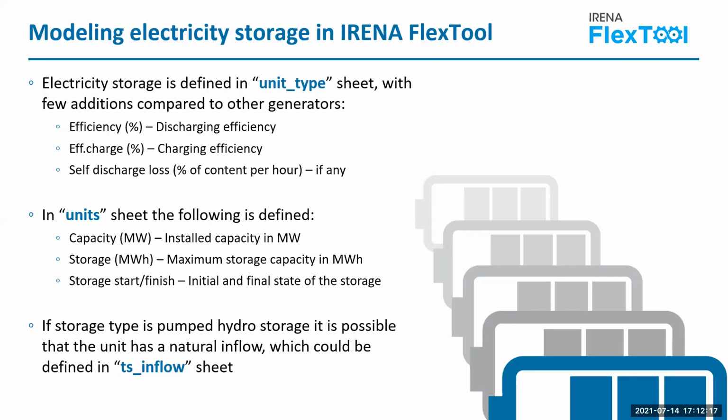Some of these fields are charging and discharging efficiency, which can of course be different. There is also the possibility of defining a self discharge loss, which is the loss that you have even when the battery is not in operation, which may have to do with the aging of the battery, but in general most chemical storage technologies will likely suffer from that, in particular in high temperature environments.